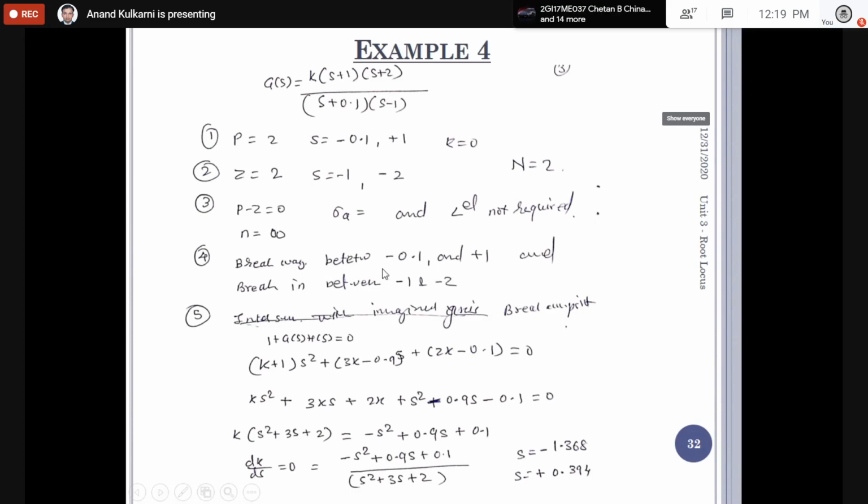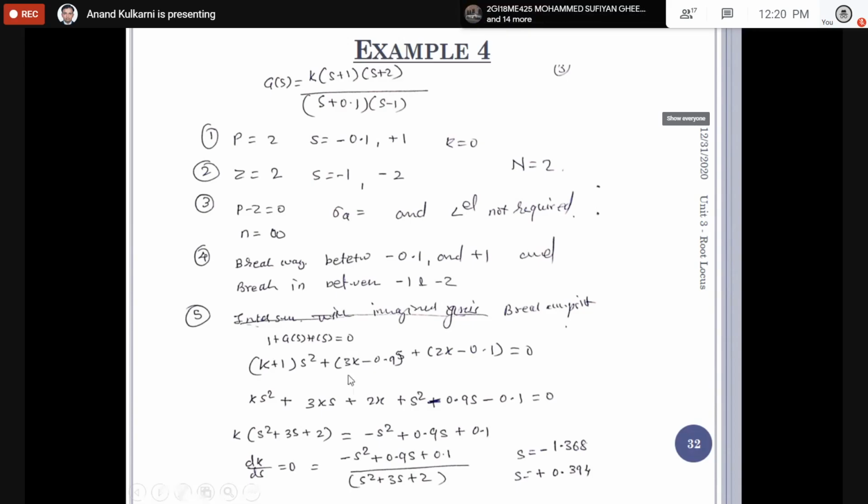Then you calculate the breakaway point. Rule number 4, the root locus will lie between minus 1 and 1, and similarly between minus 1 and minus 2. Two poles and two zeros all on the real axis, and it is symmetrical about the real axis. So rule number 5, you have to calculate the breakaway point. To calculate it, I will write the characteristic equation 1 plus G of s H of s equal to 0.